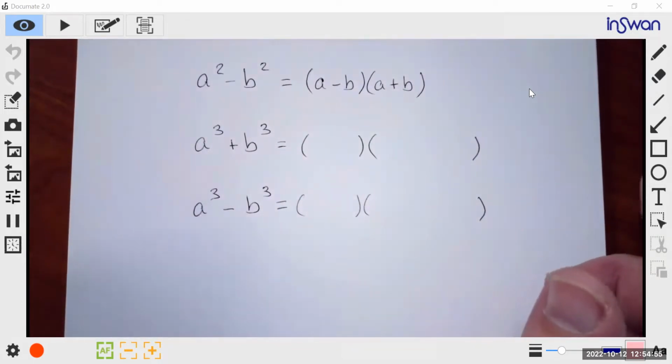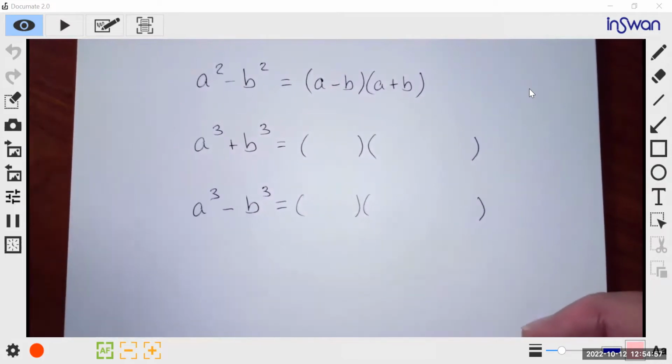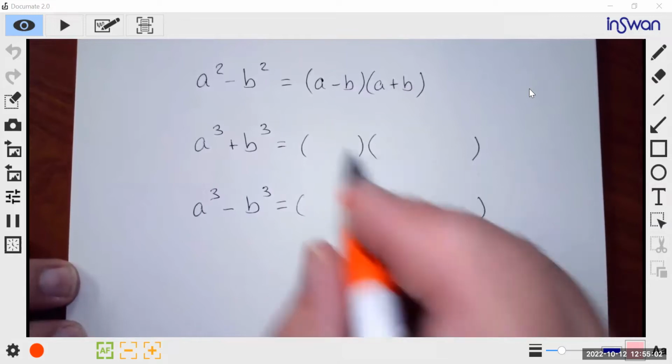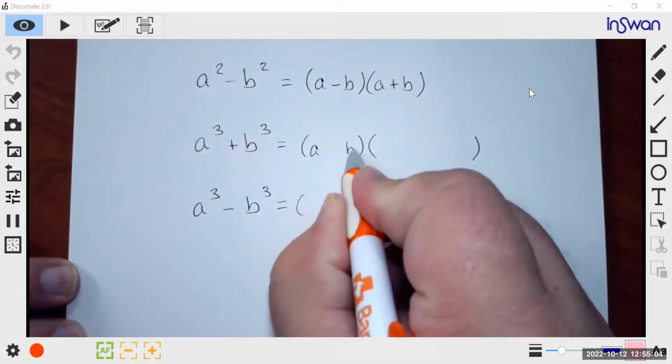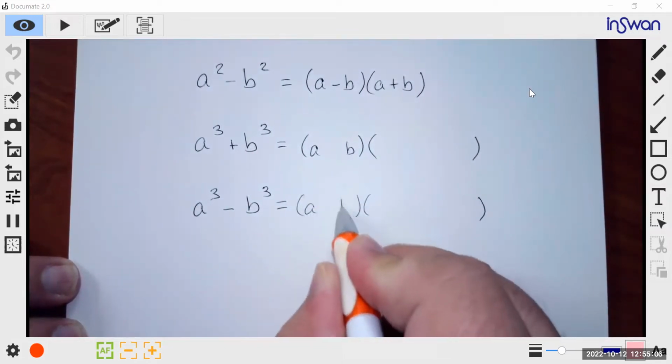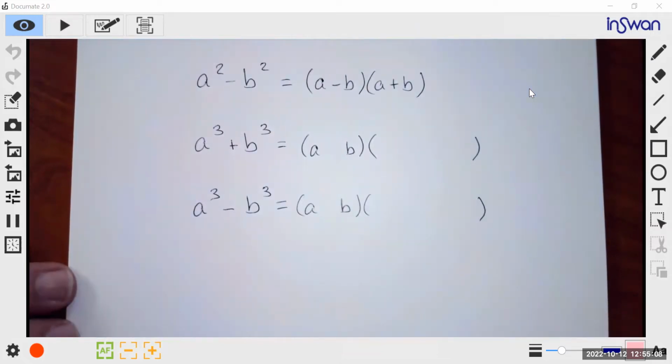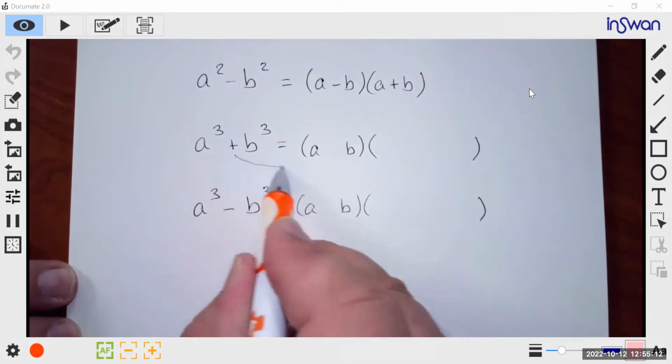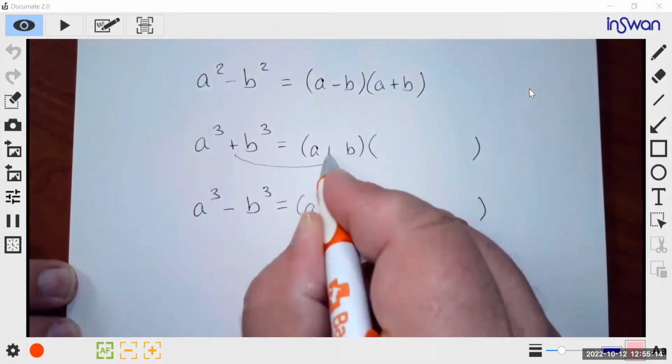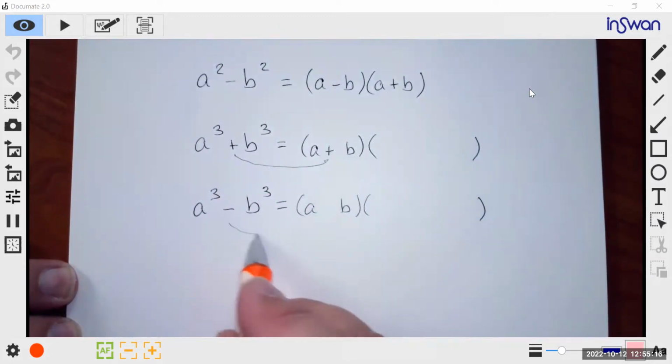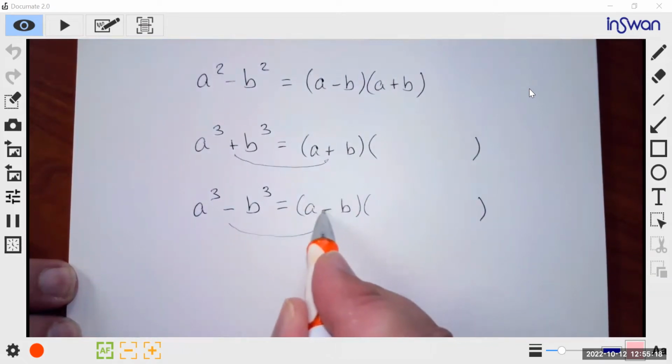The only difference between these two equations is the first two signs. It's going to have A and B in both of these, A and B. So if the equation is plus, that goes in the first box or parenthesis. If it's a minus, that goes in the first one.